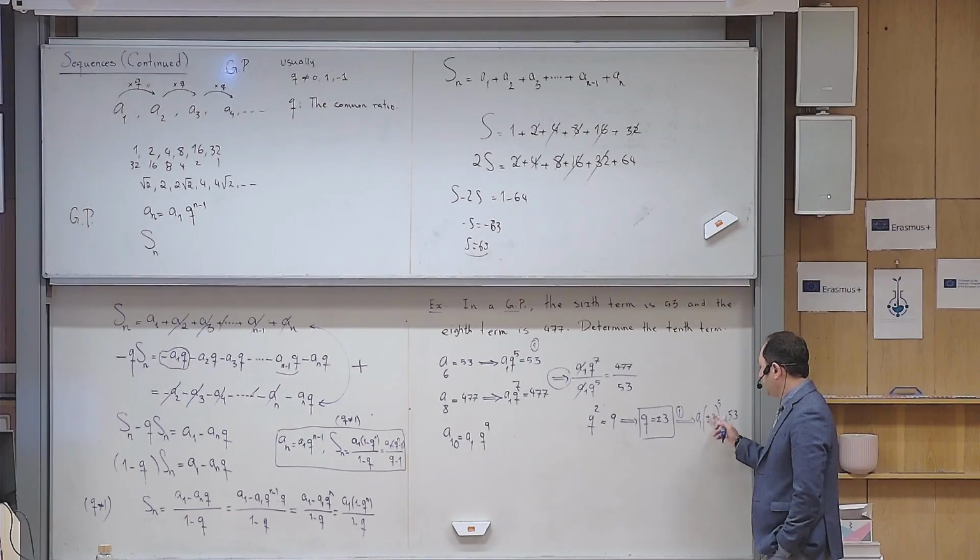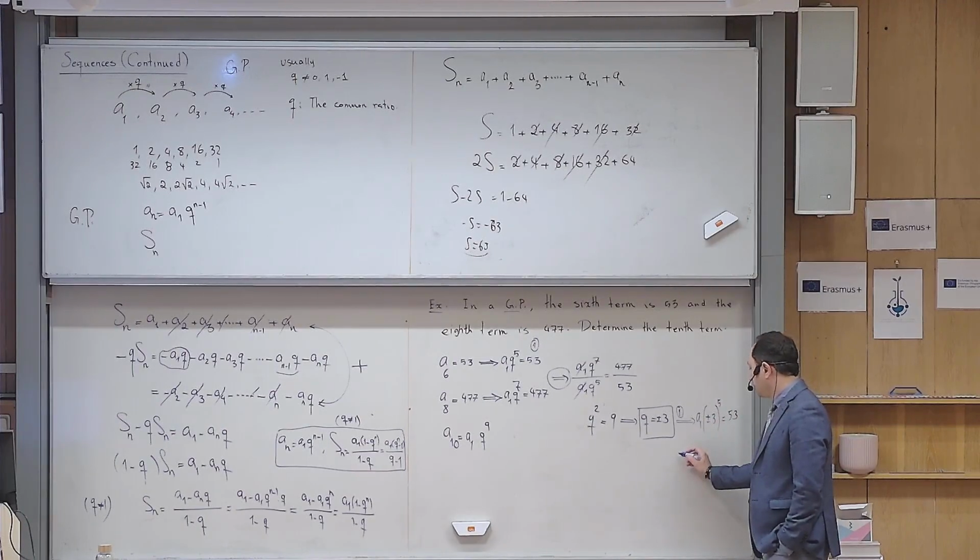If it is positive, it remains positive. If it is negative, it remains negative. So this becomes plus or minus 243 A1 is equal to 53.